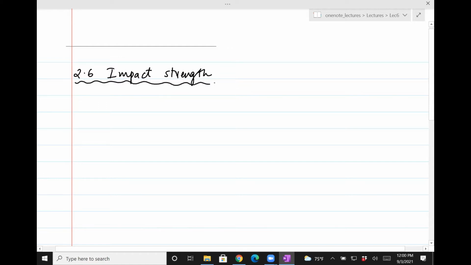So the ability to bear an impact load. Okay. So what is an impact?